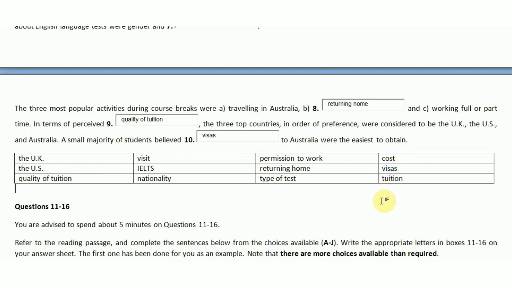You don't need to read the passage or locate this question in the passage, because here it is written were. That means a plural word will come in the answer, and the only plural word that we can see in the box is visas. So definitely the answer is going to be visas. Yeah, nothing to worry about.